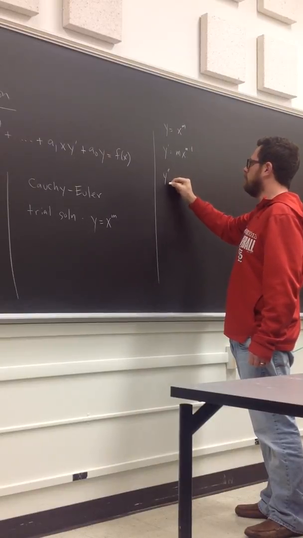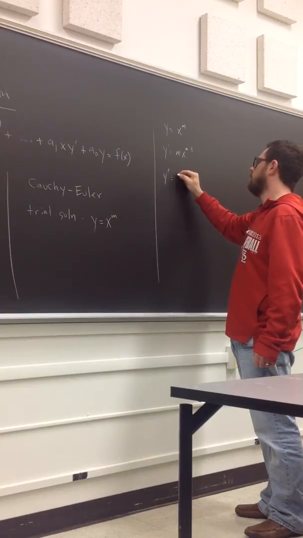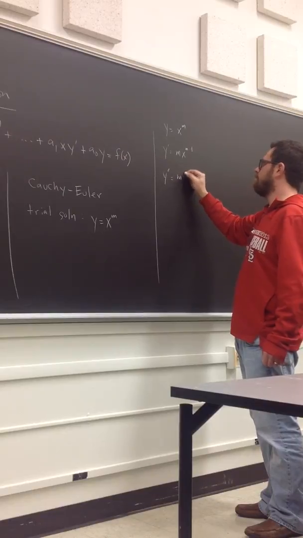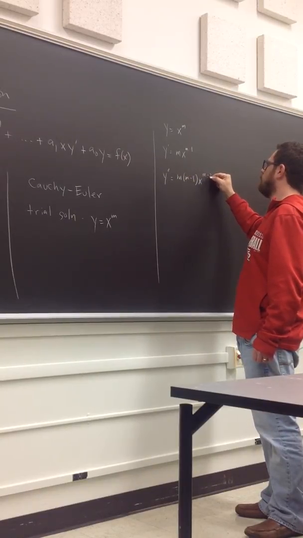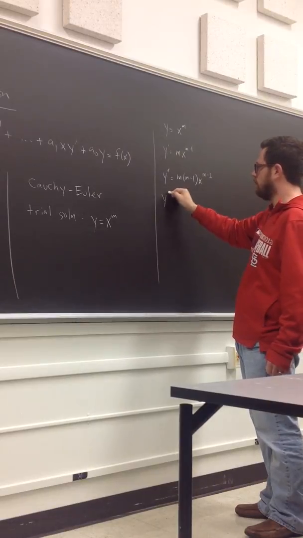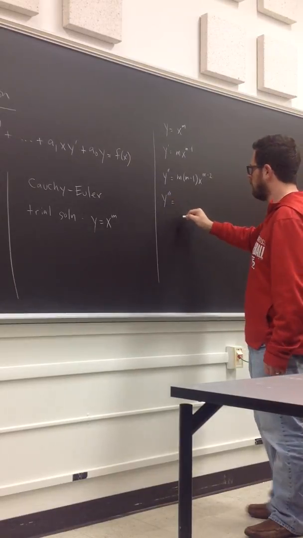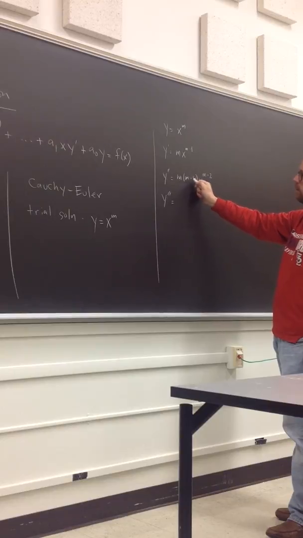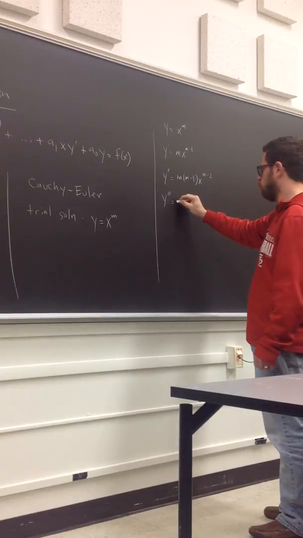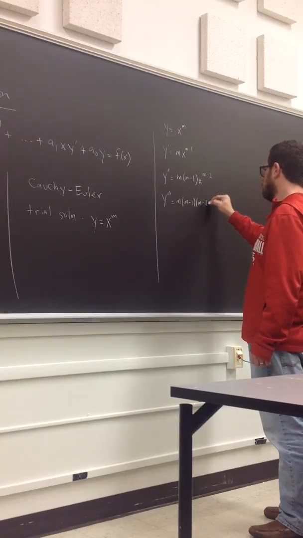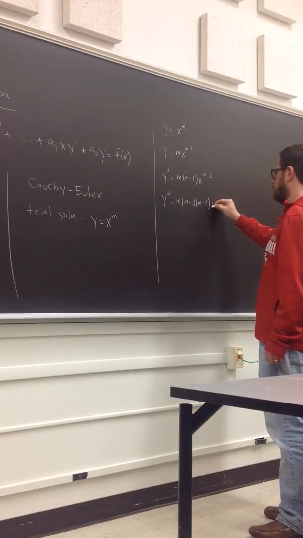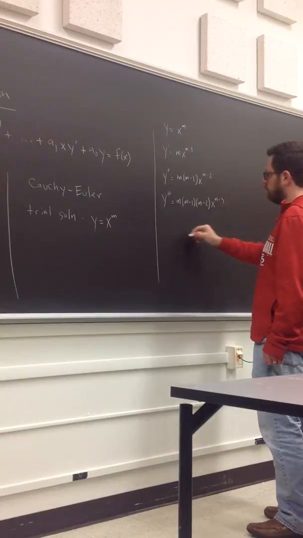Second derivative, m times m minus 1, x to the m minus 2. Let's do one more, the third derivative: m times m minus 1 times m minus 2, multiplied by x to the m minus 3.